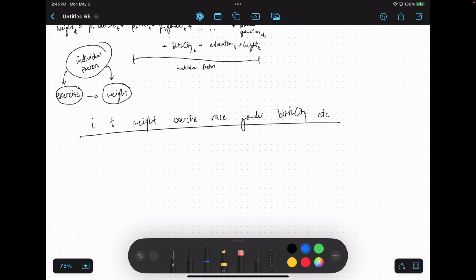Okay, and so I'm going to write these in slightly different colors. So maybe for individual, so I is in reference to an individual. So actually I should probably have I up in the equation as well. So you have IT.